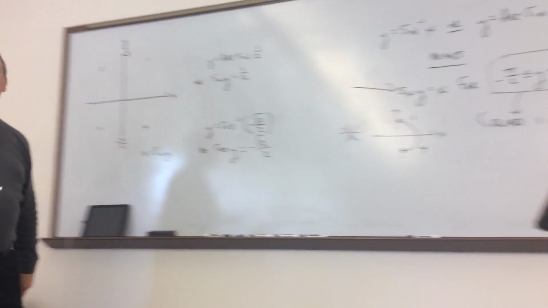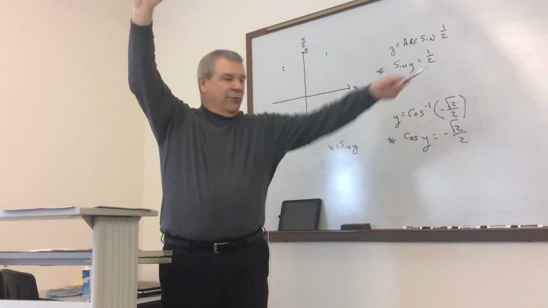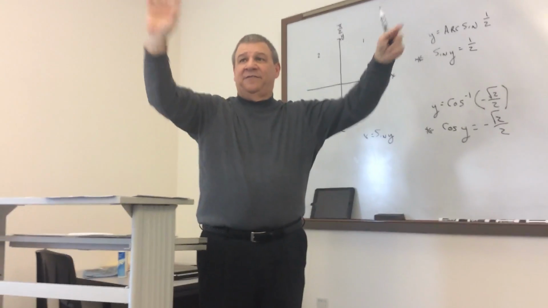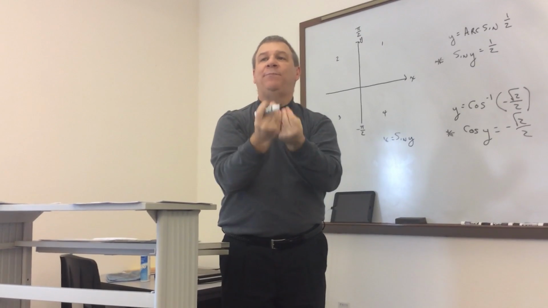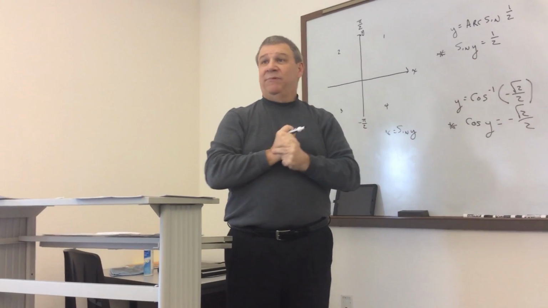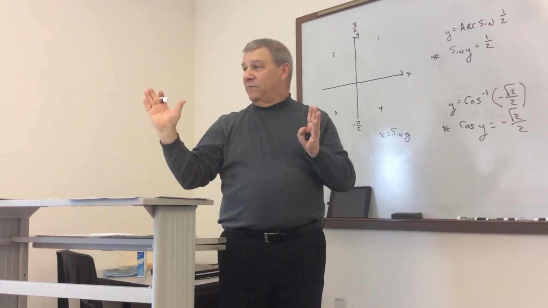If it's inverse sine, where's the only place the answer can be? I drew a little picture for you there. This is big, everybody. You need to understand this. If it's an inverse sine problem, where are the only places the answer could be? It's right there. I gave it to you. 1 or 4.